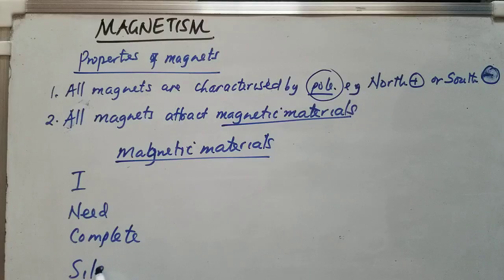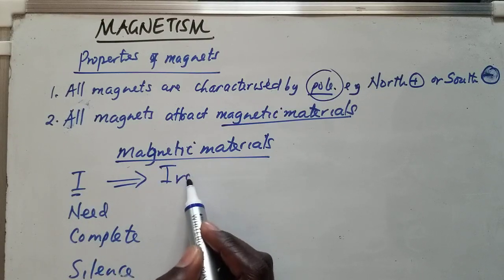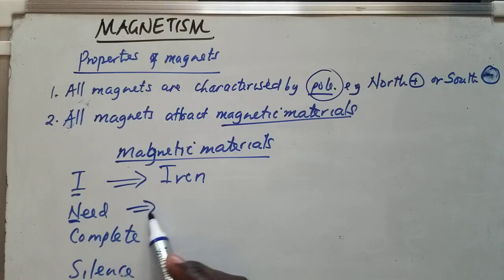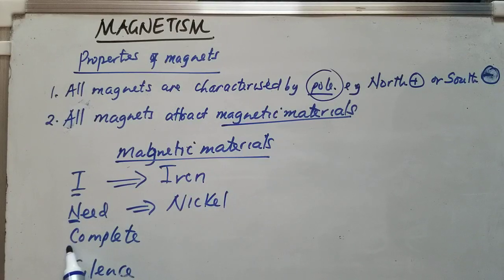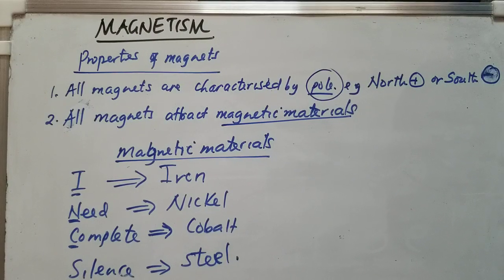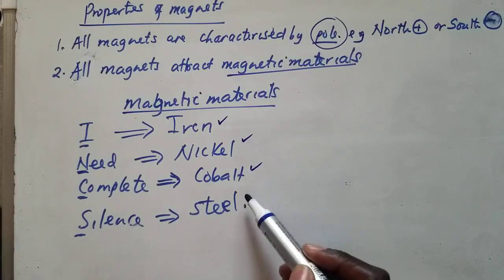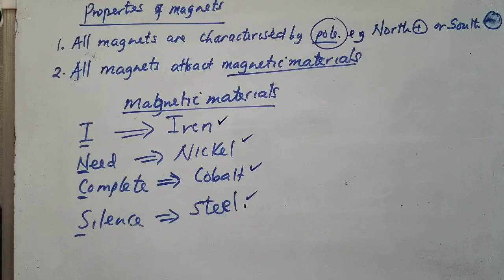This is going to help you as a memory aid, where I stands for iron, N stands for nickel, C stands for cobalt, and S stands for steel. These are what we call magnetic materials. In simple terms, they can get attracted to a magnet. So iron, nickel, cobalt, and steel are the only good magnetic materials that you need to remember.